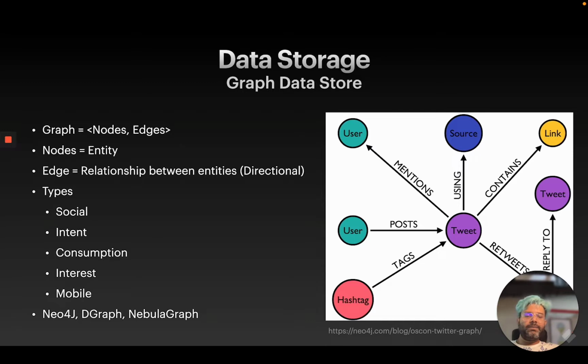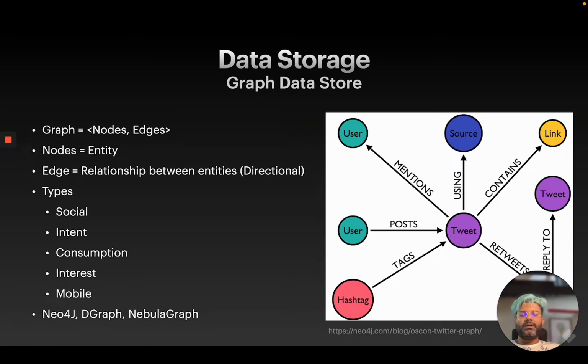Now, the example that we are looking at on the right-hand side of the screen shows a graph that can be thought of using Twitter as the use case. There are 3 or 4 different entities: there's a user, there's a tweet, there's a link, and there's a hashtag. A user can post a tweet, and a tweet can mention another user. The tweet can also have tags.